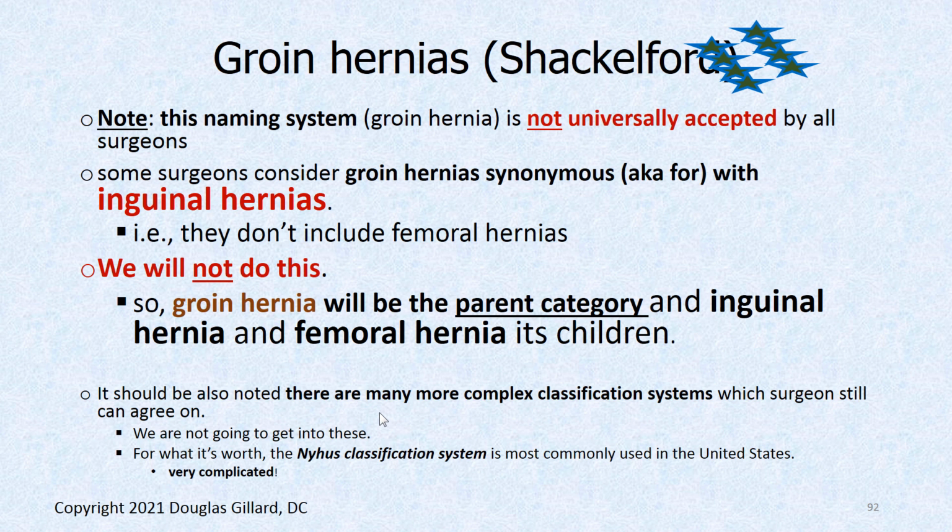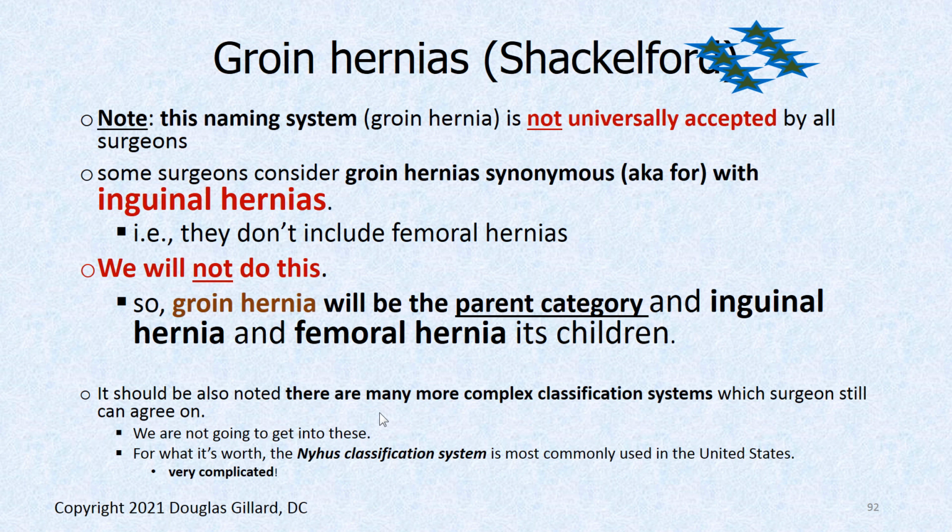So as the name implies, these are hernias in the groin region. But this system of naming groin hernias is not universally accepted. Some surgeons consider groin hernia as an AKA for inguinal hernia, and they don't include femoral hernias in the category of groin hernias.